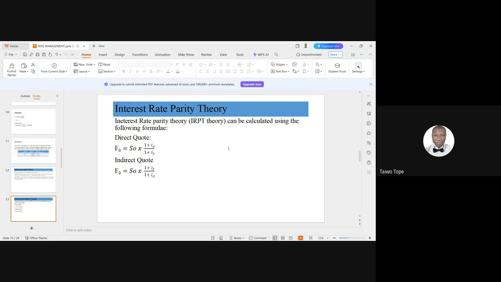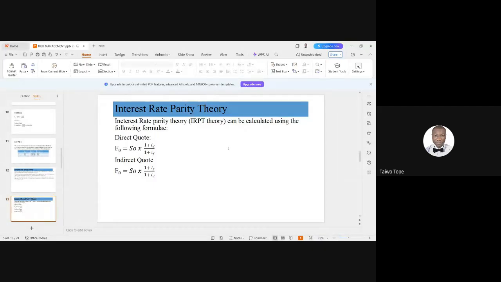Determination of forward rates. F0 is forward rate. And the forward rates, for you to determine that, you must know what your current spot rate, which is S0. Once you are using the direct quotes, it will be the fraction 1 plus what? Interest rate of domestic currency divided by what?